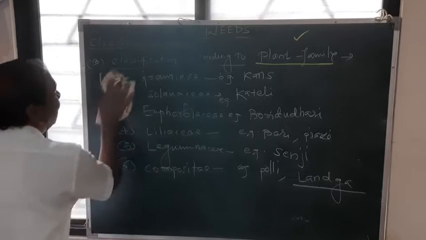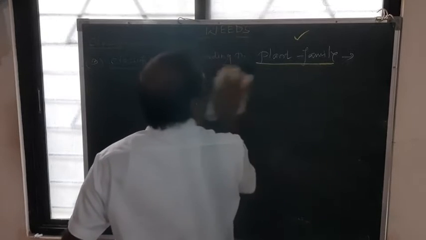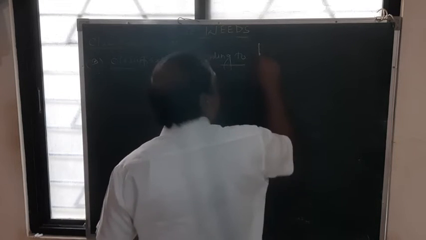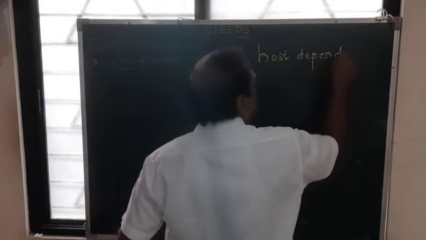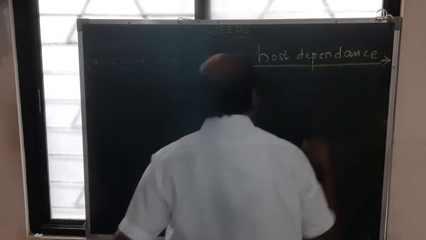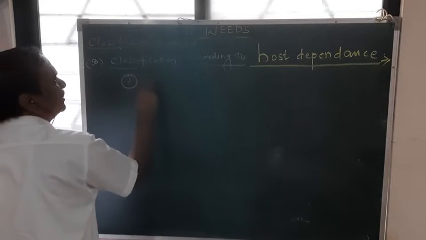Then next is classification according to the host dependence. Most of the plants are generally host dependent, means on which they grow. First is the stem parasite.